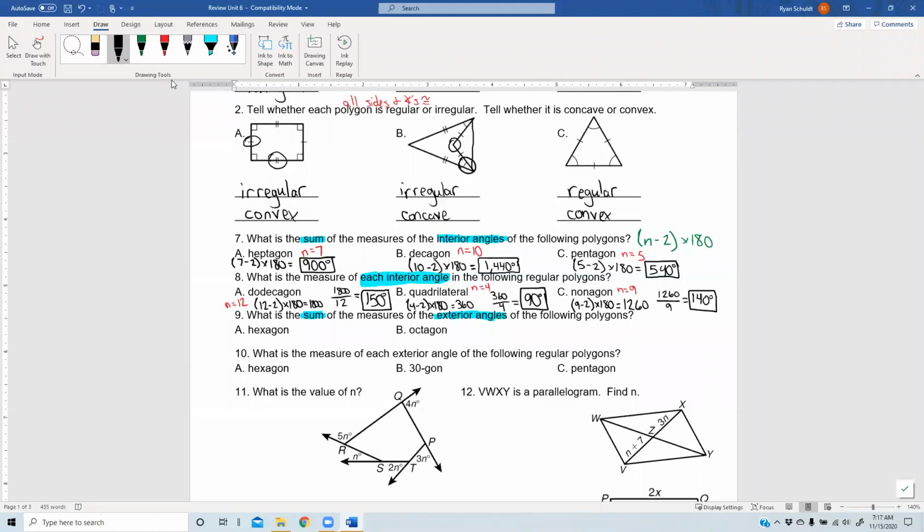No matter the polygon, the sum of the exterior angles is always going to be 360. So hexagon, don't care how many sides it has. 360 degrees is your answer. Octagon, I don't care how many sides it has. 360 degrees is your answer. For the exterior only, it's going to always be 360.